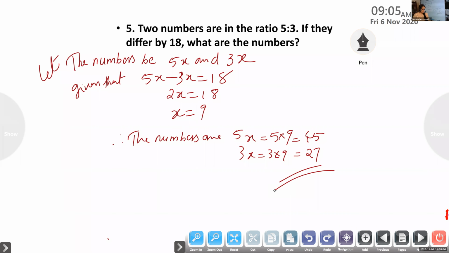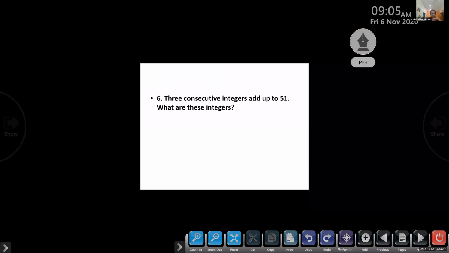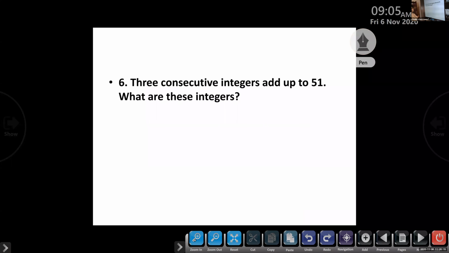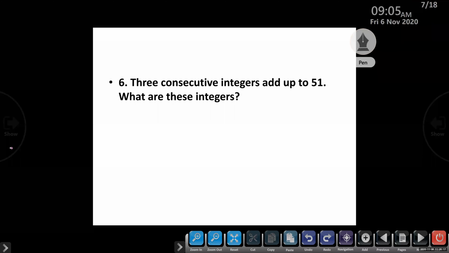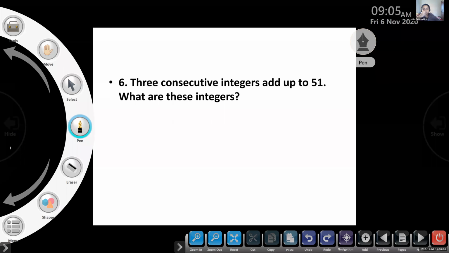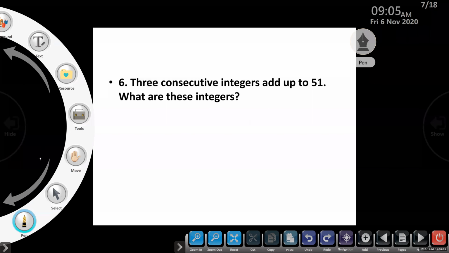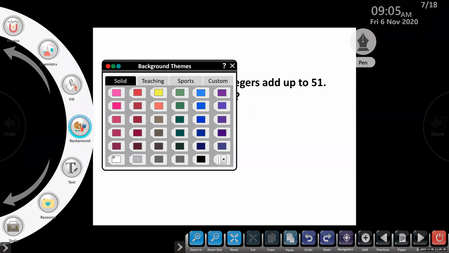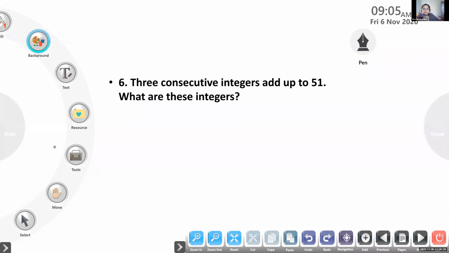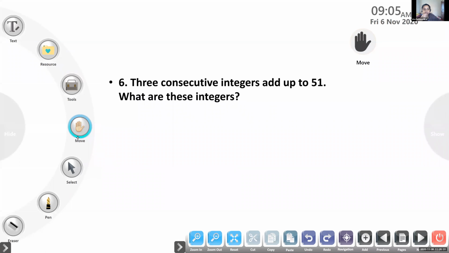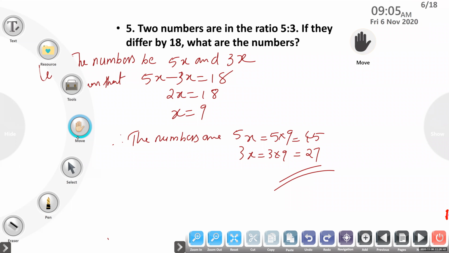Is this one over, all of you? Yes, ma'am. Three consecutive integers are added up to 51. Ma'am, not over. Previous question I didn't complete. You want to see the previous one? This sound has some problem, and this board has some problem.